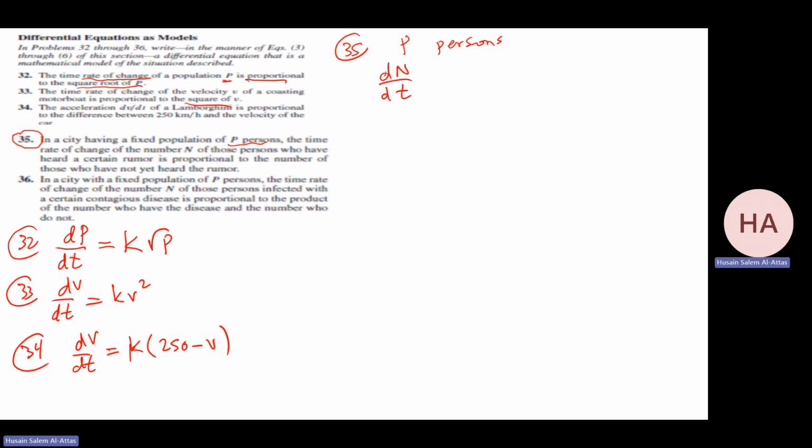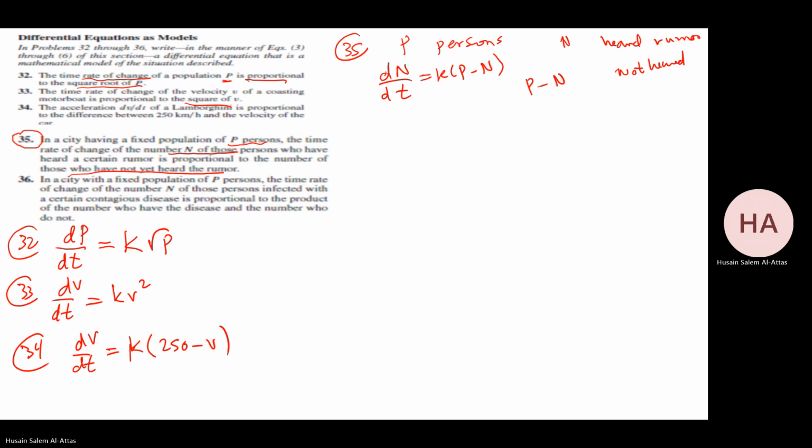That should be the rate of change of n is proportional to the number of those who have not yet heard the rumor. Not heard it, it will be what? P minus n. The total minus the ones who heard that rumor. So that will be K times (P minus n).